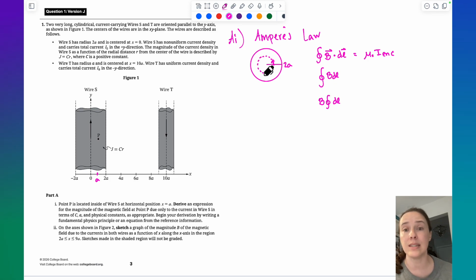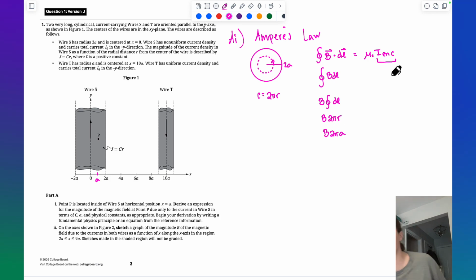That path is a circle, and remember, the circumference of a circle goes like 2 pi r. There's nothing in there to integrate; dl is just the path. So that's going to be B times 2 pi r. At this radius we are at radius a, so that simplifies to B times 2 pi a.